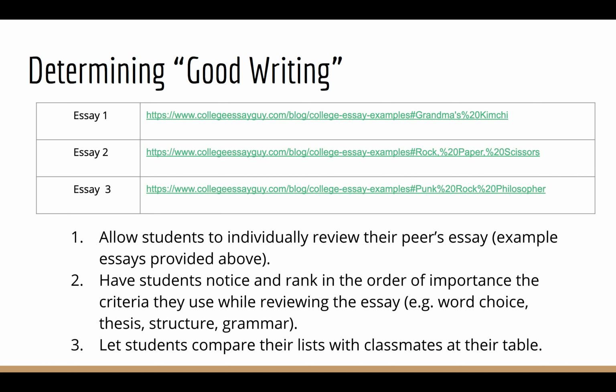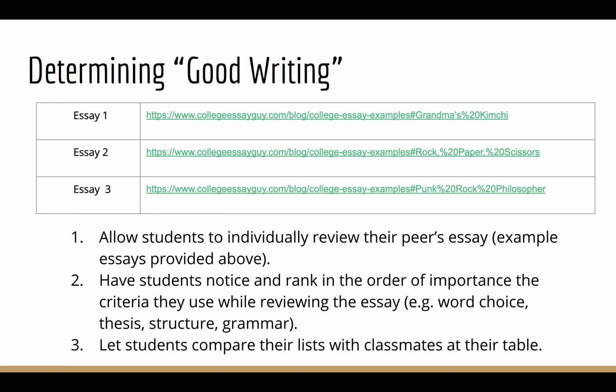So here are some directions for determining good writing. One, allow students to individually review their peers' essay. It could be an essay written from class, or it could be examples of really well-written papers by someone else. And as you could see, some examples are provided above. Number two, have students notice and rank in the order of importance the criteria that they're using while reviewing these essays.